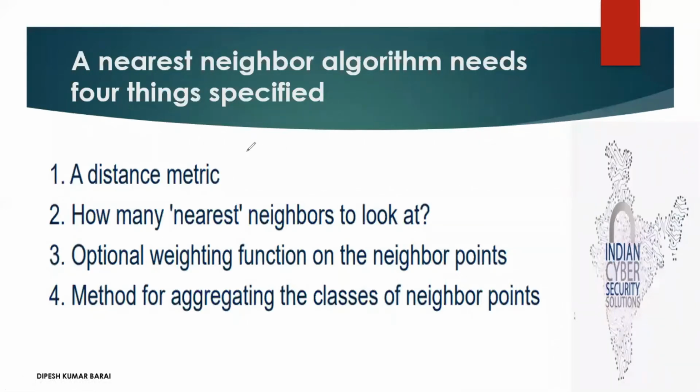to do the k nearest neighbors classification, first we have to calculate the distance matrix and decide how many nearest neighbors to look at, then the optimal weighting function on the neighbor points, and a method for aggregating the classes of the neighbor points. Means we will take the majority vote of the data points.